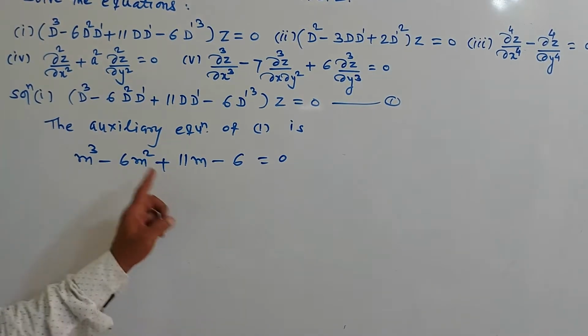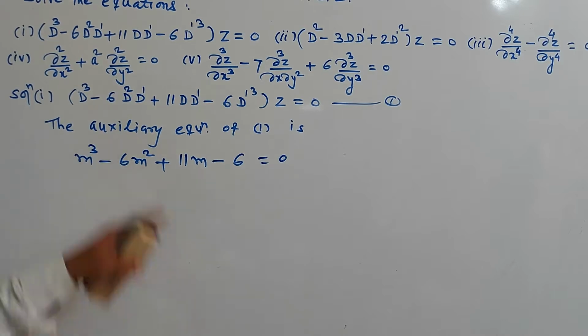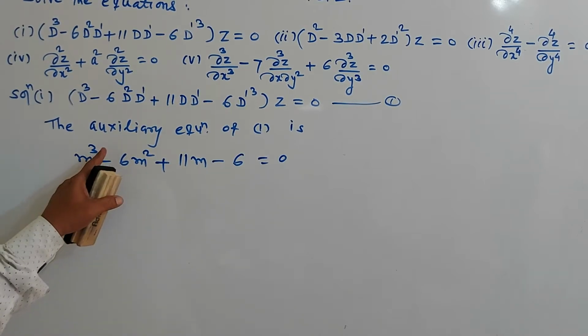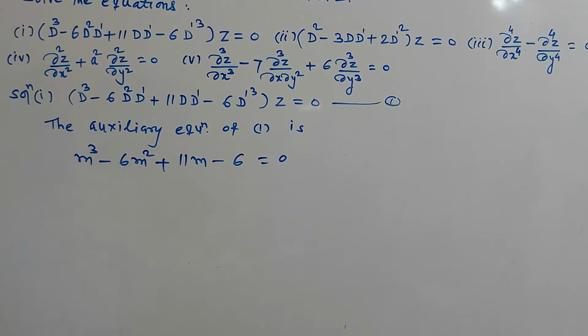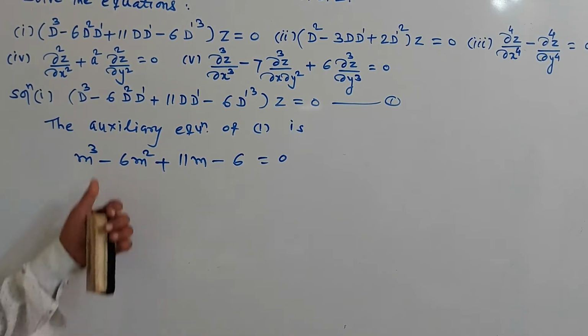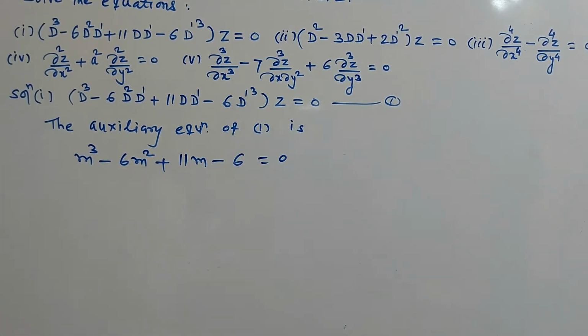So you find the factors of this auxiliary equation. The degree of this equation is 3, therefore this polynomial has 3 factors, means 3 roots.